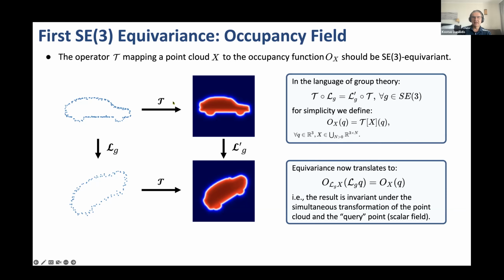You can write it this way. We put the x as the condition, so the occupancy function is conditioned on the input point cloud x, and compute the query q. If both the input x is transformed by a C3 and also the query, we want the function to remain the same. Depending on how you write it, this can be written in an invariant or equivariant way.